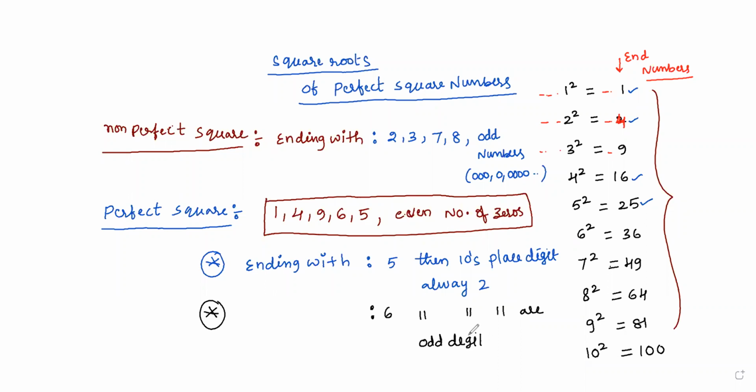Odd digits means what? Like 1, 3, 5, 7, 9. In case any even number is in the tens place when a number is ending with 6, then it comes under the non-perfect square numbers. Okay, this is the one condition.